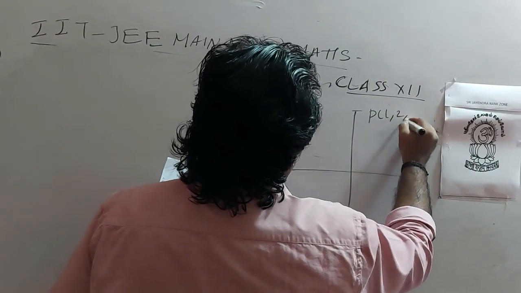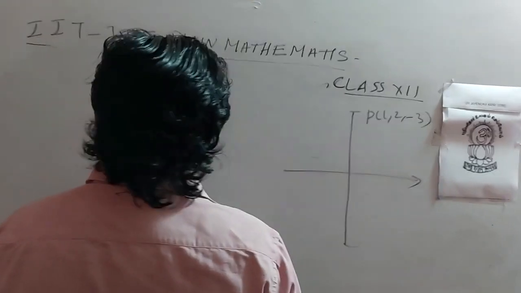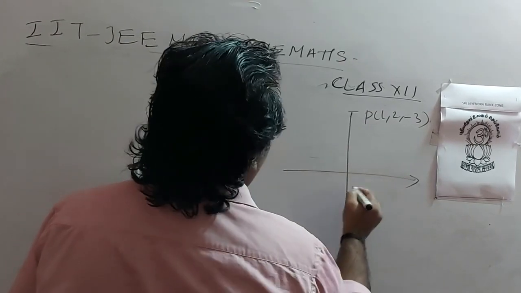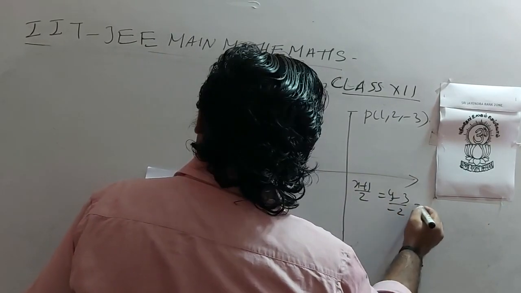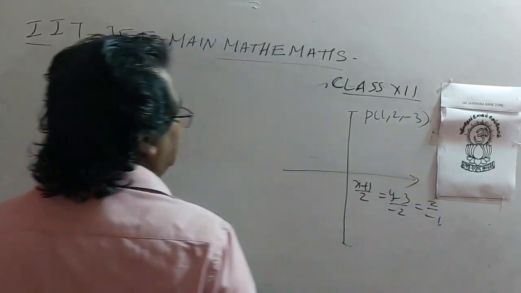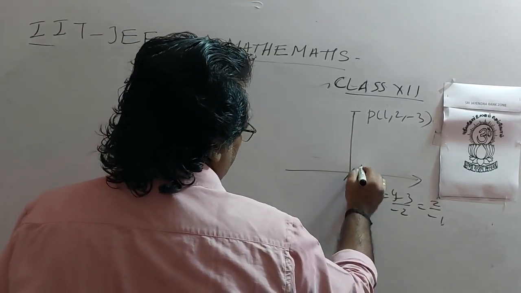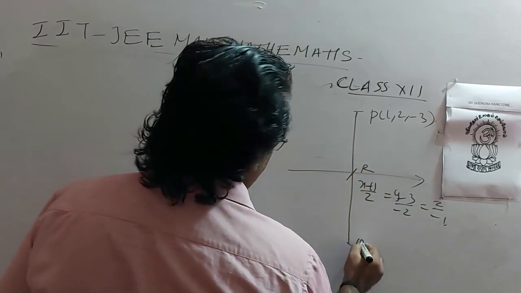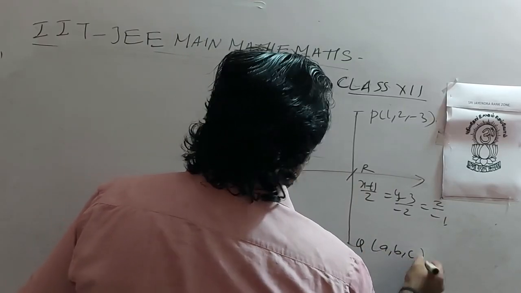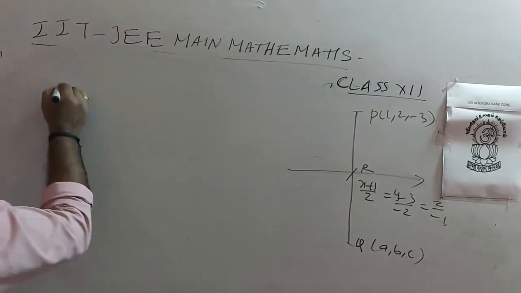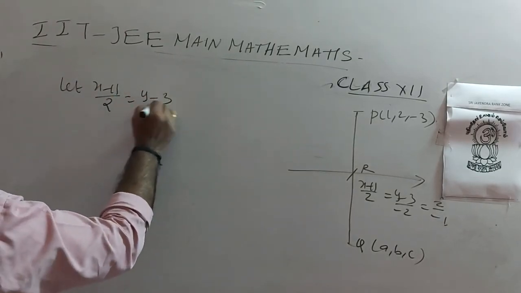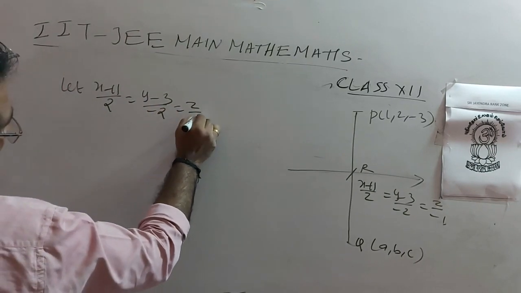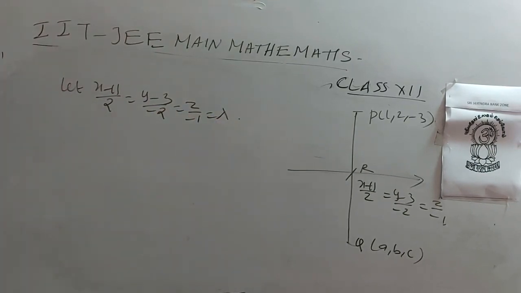P(1, 2, -3) is given, and the line is (x+1)/2 = (y-3)/-2 = z/-1. So any point on this line you can find R, the foot, and then the image (a, b, c). Let (x+1)/2 = (y-3)/-2 = z/-1 = lambda.